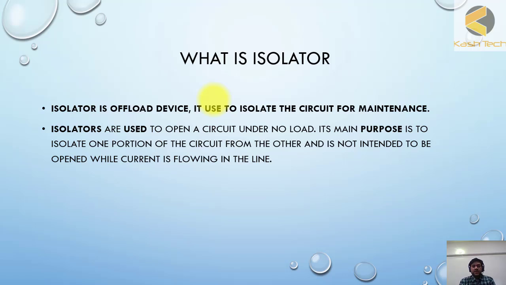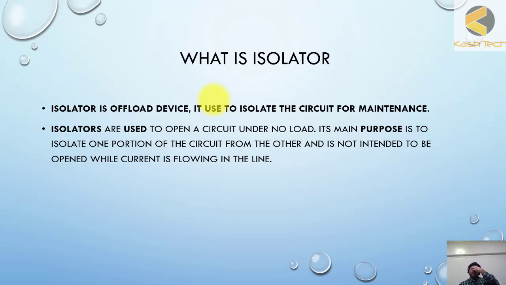Another purpose of the isolator, which I have not mentioned here but I can tell you, is switching. By using the isolator, you can select the bus bar, you can select the feeders, which bus. So it is also controlling the power. Using these isolators, you can control and direct the power, provided that you should not use the isolator under load condition.